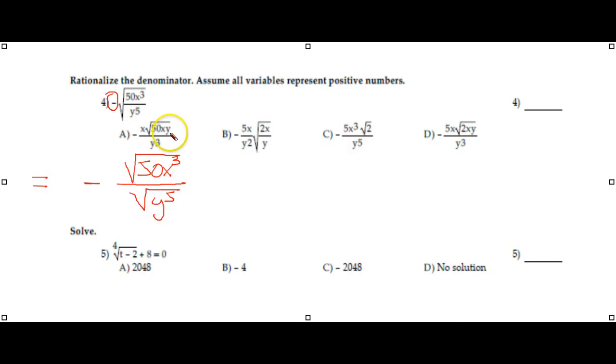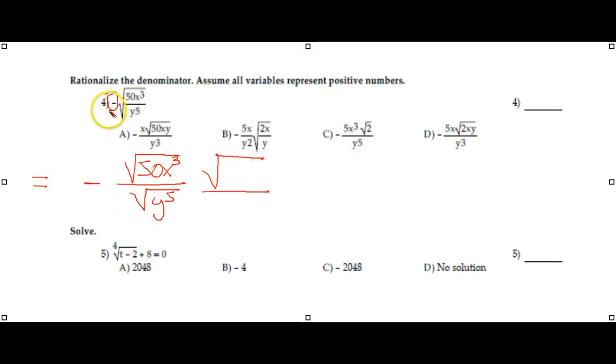Now, for this, we're asked to rationalize the denominator. So I took it to the first step where I separated each of my numerator and denominators into separate radicals. Now, the strategy was, is there a perfect square factor?